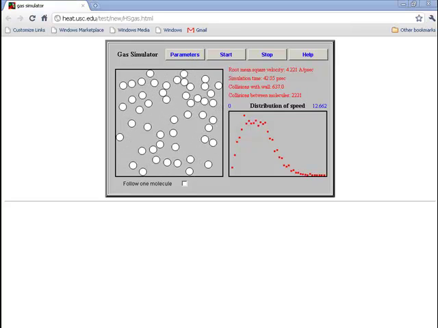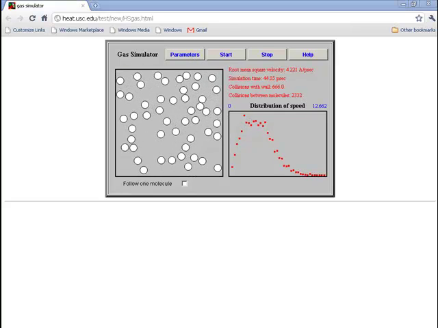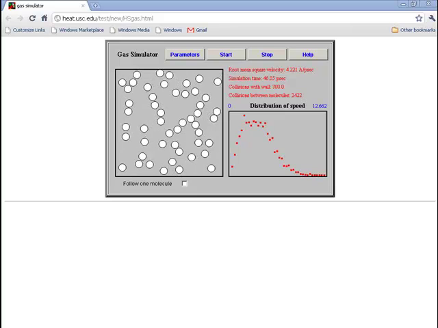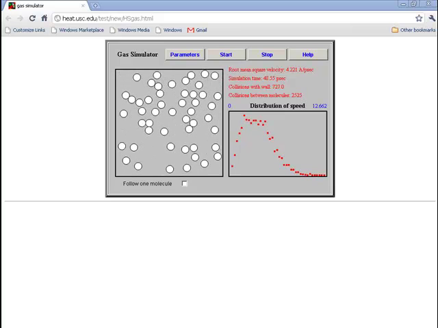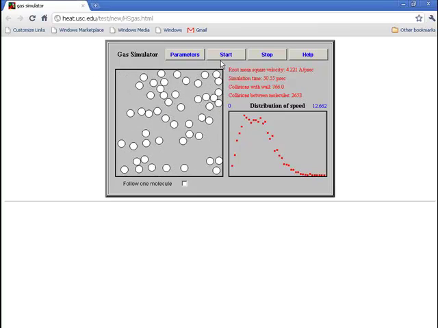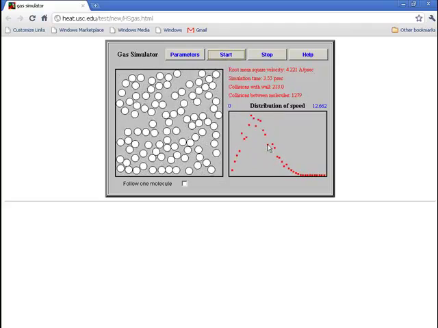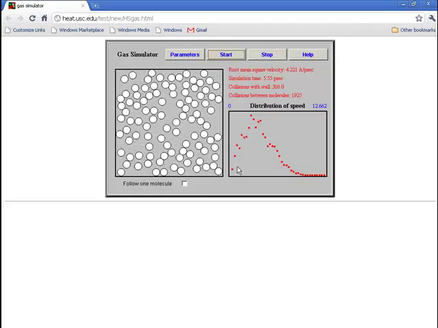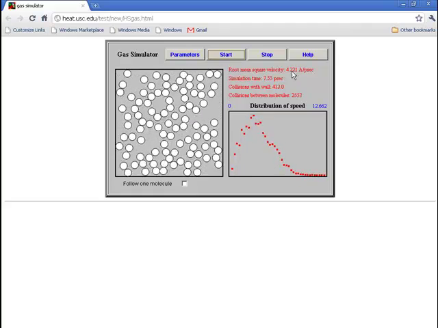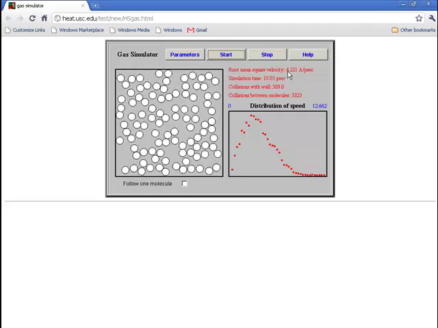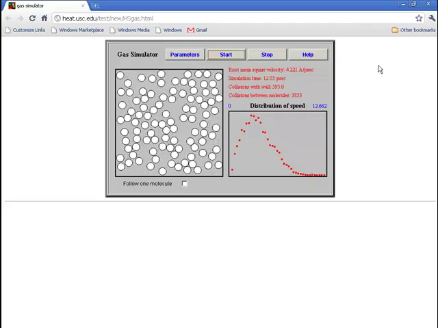Some things we could change with this. Number of atoms: you double the number of atoms, and you can still see the distribution is the same. We have more atoms, and the root mean square velocity is still 4.221.